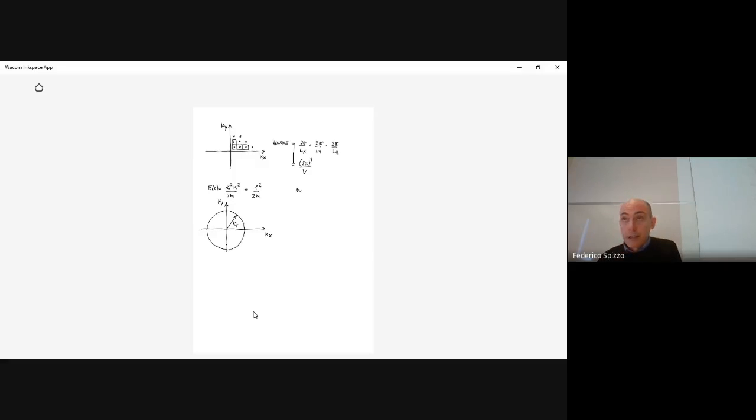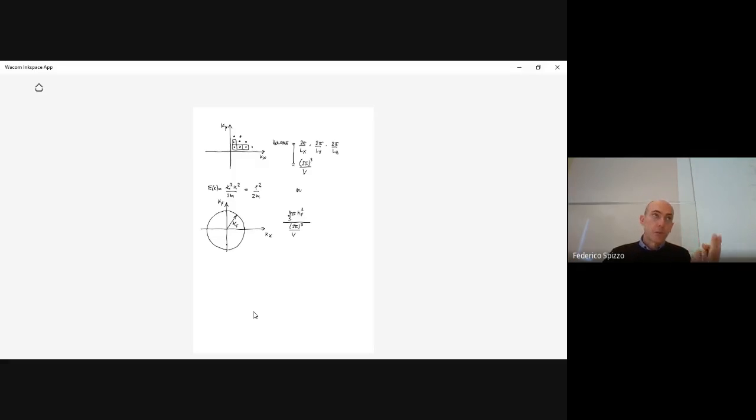If this is a sphere, the volume of the sphere is 4 divided by 3 pi k_F to the power of 3. How many levels can be included in that sphere? We just divide the full volume of the sphere by the volume of one level. And the volume of one level is (2 pi)^3 divided by the volume of the sample, of the solid.